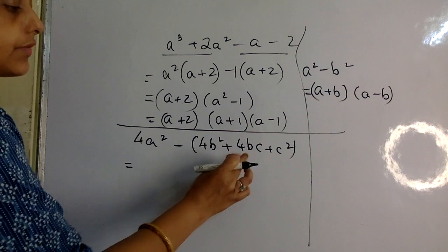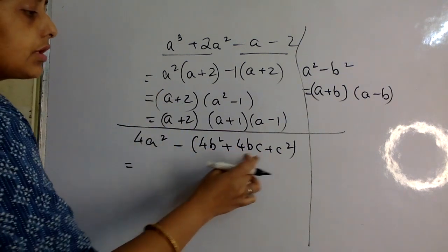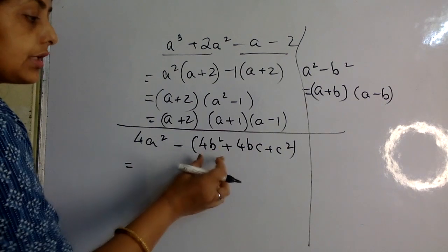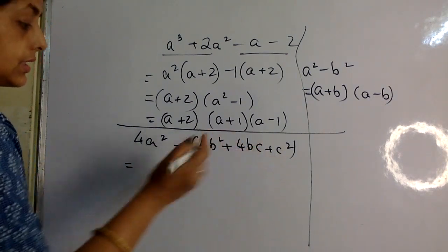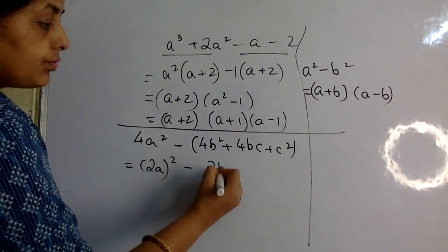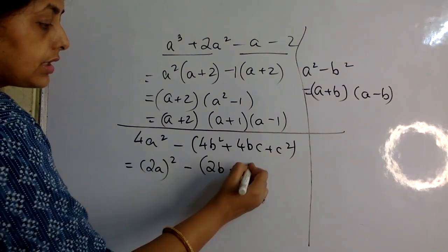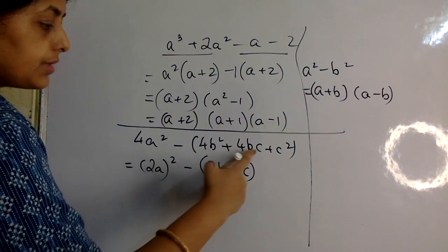If you look carefully, it is very important to observe the question in factorization. This is actually a perfect square. You can use a plus b whole square for this part. So I can write it like this, minus 2b plus c whole square, because you see 2b square, c square, and 2 into 2b into c.